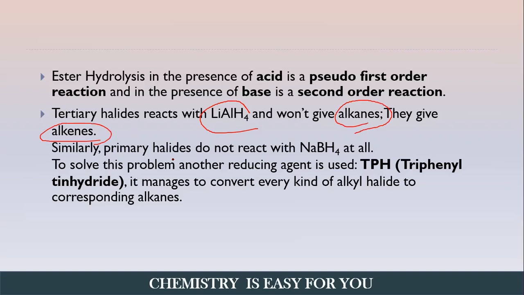Next, primary halides do not react with sodium borohydride at all. So we think primary halides will react with sodium borohydride, but it does not react at all. So we need something else to solve this problem, and therefore we choose some other reducing agent like triphenyl tin hydride, also called TPH, and it manages to convert every kind of alkyl halide to the corresponding alkane.